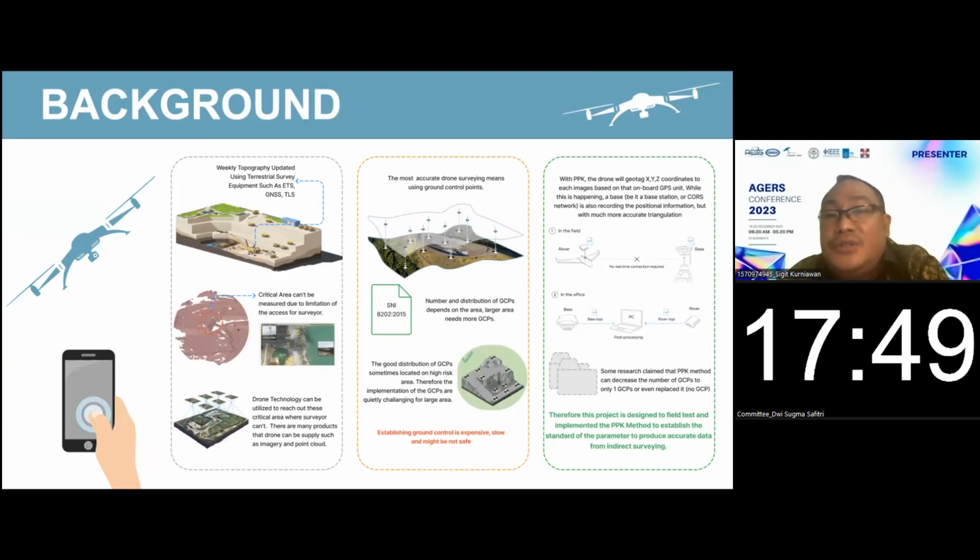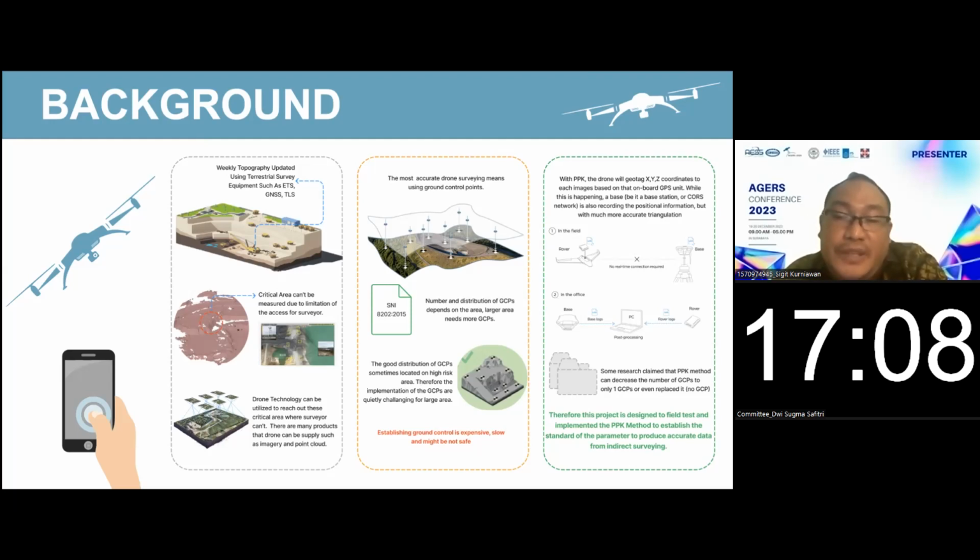The most accurate drone surveying uses ground control points. But the number and distribution of GCPs depend on the area, meaning a larger area needs more GCPs. A good distribution of GCPs is sometimes located in high risk areas, like on a high wall or under a critical slope in open pit mining, areas with potential for landslide.